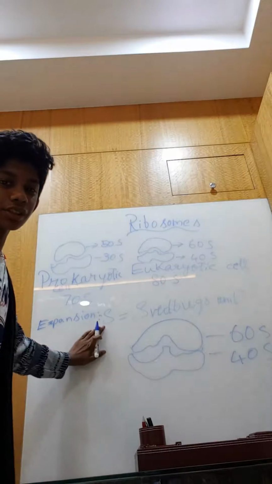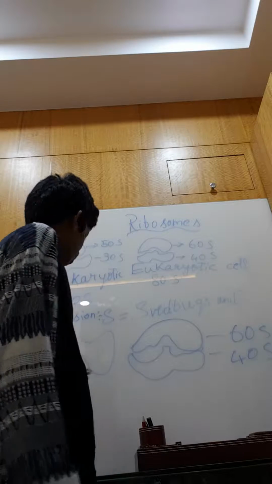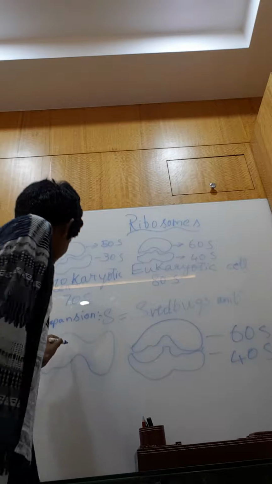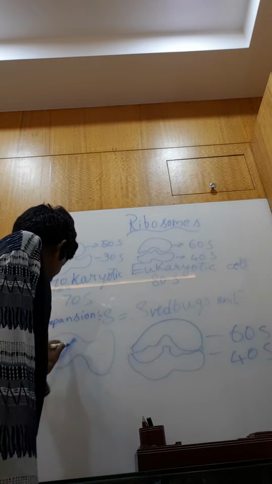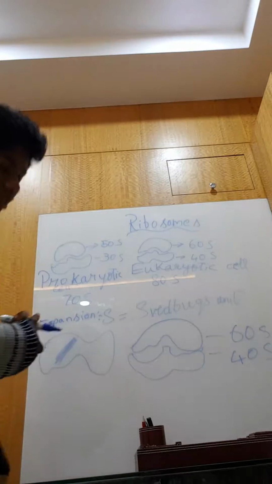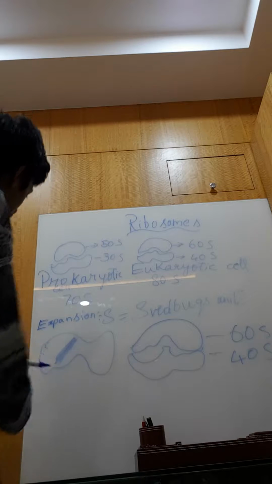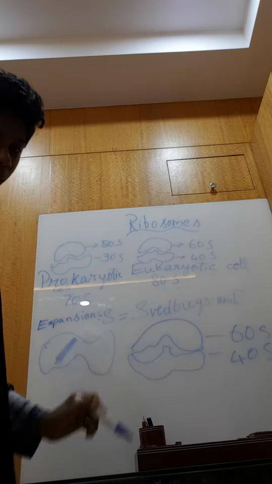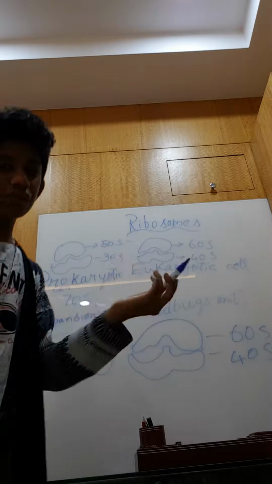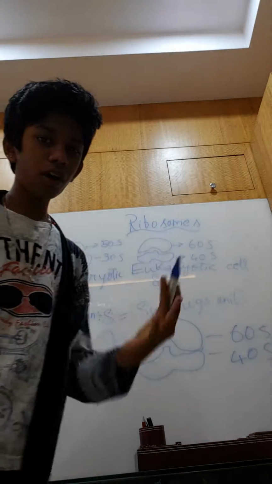Here the sedimentation process is taking place in this ribosome. You can see the first one, the larger part of the ribosome. In this larger part there is a rod-like structure in the upper part and lower part, which will always be spinning.